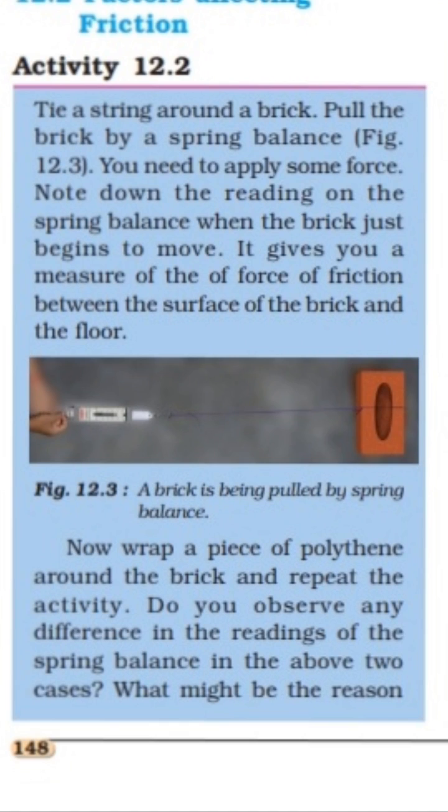Yes, there is a difference. In the first case, when the brick is pulled by the spring balance, the force of friction measured by the spring balance is high. In the next activity, when the brick is wrapped with a piece of polythene bag, when we pull it, the force of friction measured by the spring balance is low compared with the first activity.